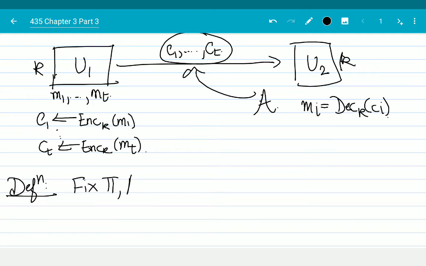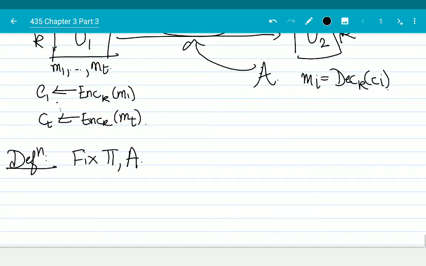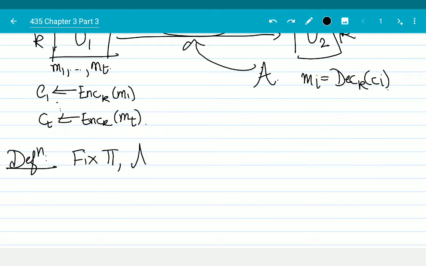Fix pi and A. We know how pi and A work. Now, A should be fancy as before.